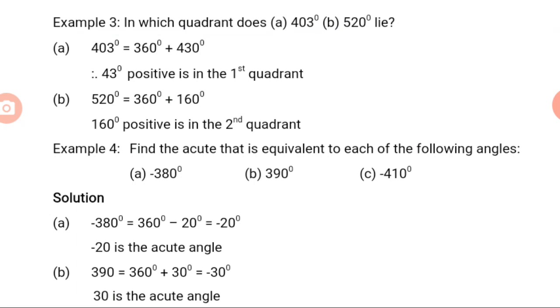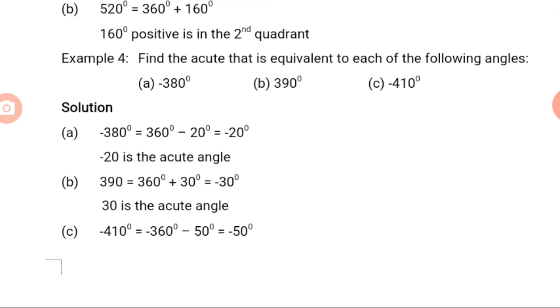When you add the two together, it will give you minus 380 degrees. What are you going to add to minus 360 degrees that will give you minus 380 degrees? It's minus 20 degrees. So the acute angle is minus 20 degrees, that is in the negative direction.